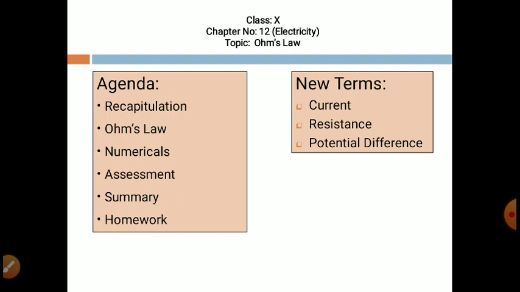Then there will be no flow of current, as both the potentials are equal. VA minus VB is 0. And the unit of potential difference is the same as that of potential, that is volt. Potential is also known as voltage.